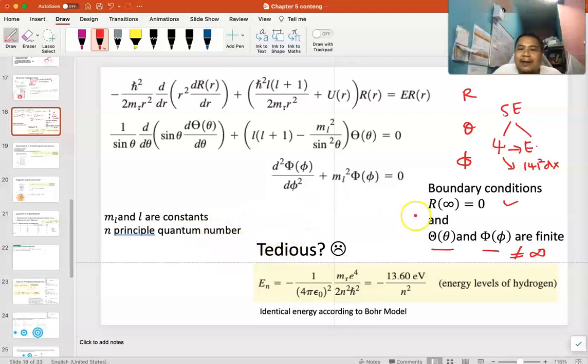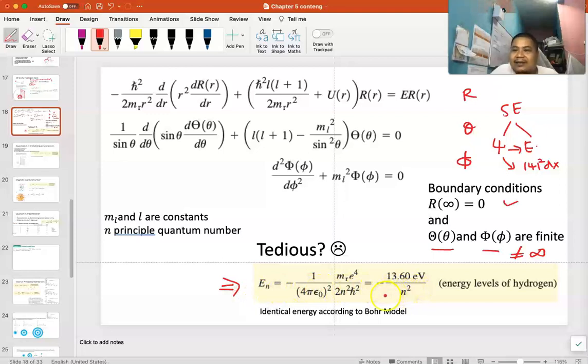And you can see this is already complex. So to get those things, it is really tedious. We actually need a computer to calculate that. However, finally, the computer will give the answer for the energy inside the hydrogen atom, given by this expression.